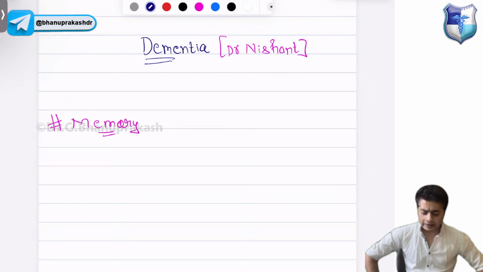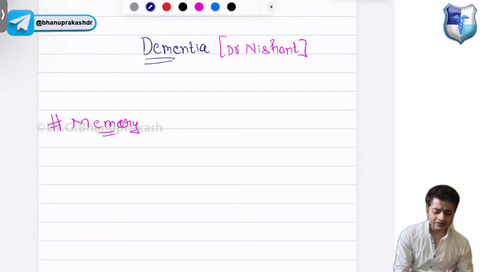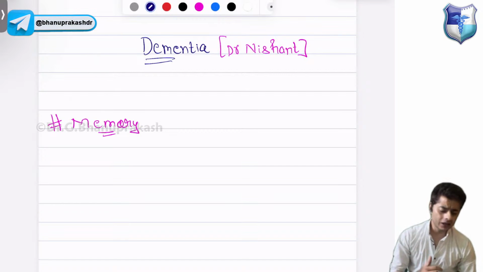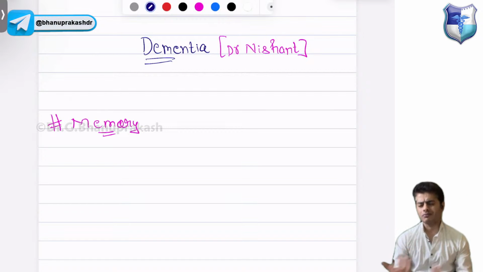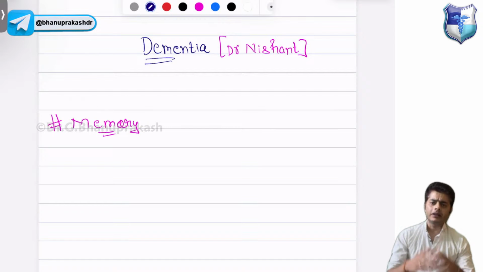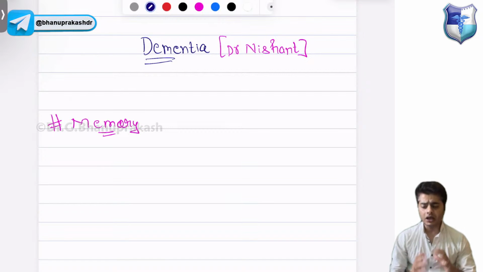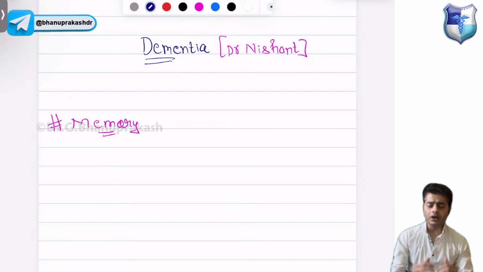So in this lecture, before we discuss dementia, we will first briefly discuss memory, because generally what we thought in the past, and some doctors still think now, is that dementia is all about memory, but things have changed in many ways. Today it's not only about memory, it's also about many other cognitive functions. So before we begin dementia, we will first look at what memory is, how we define memory, what short-term memory is, what long-term memory is, and all these things.